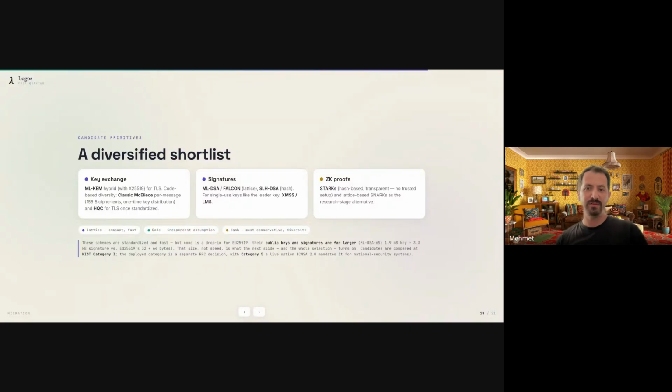And for the zero-knowledge proof system, we have some STARK protocols, which are hash-based proof systems, and also some lattice-based SNARKs for zero-knowledge proofs. And we are trying to find the best option for us. And we have a diversified shortlist of candidates.